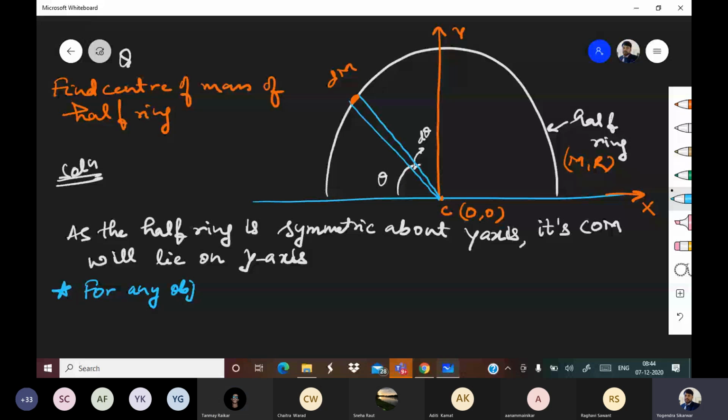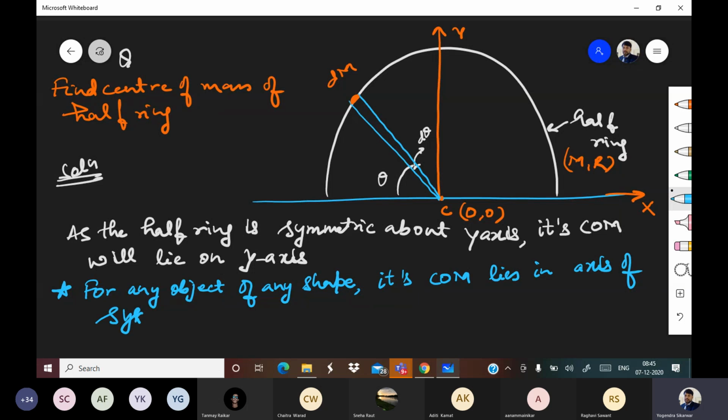Good morning. For any object of any shape, its center of mass lies on the axis of symmetry.